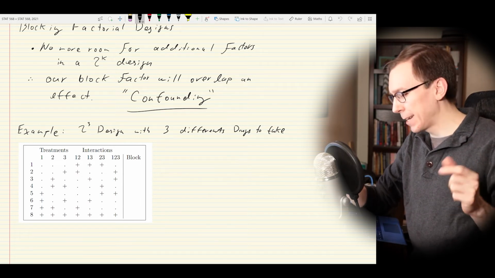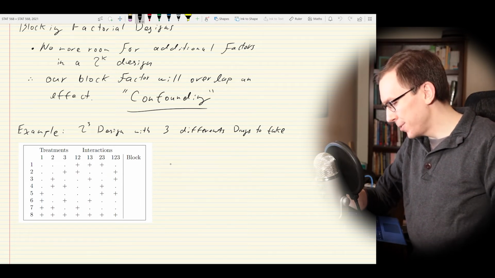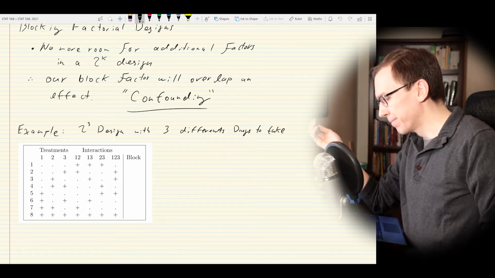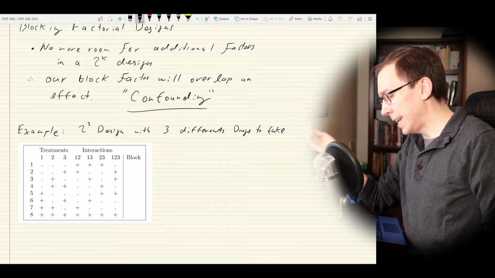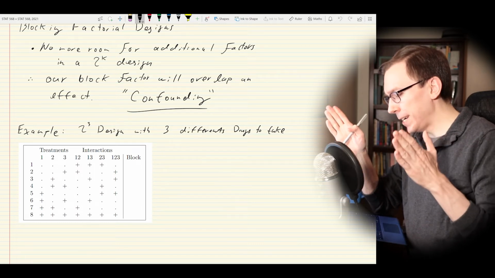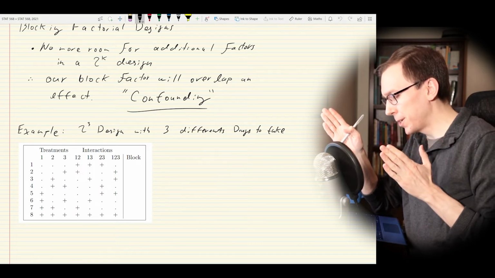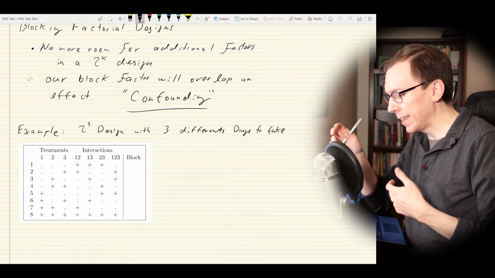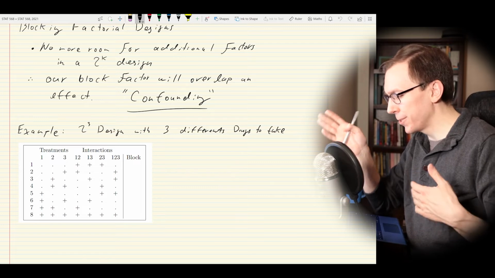They agree, so they get a plus. If 1 and 2 disagree, they get a dot or a minus sign. So this is what our entire table looks like with the 3 treatments, 1, 2, and 3, the interactions 1 2, 1 3, 2 3, and the 3-way interaction 1 2 3.